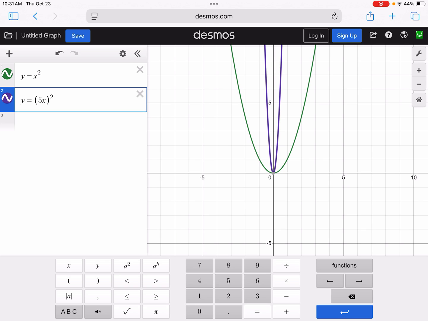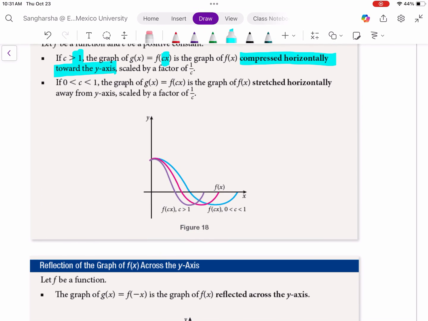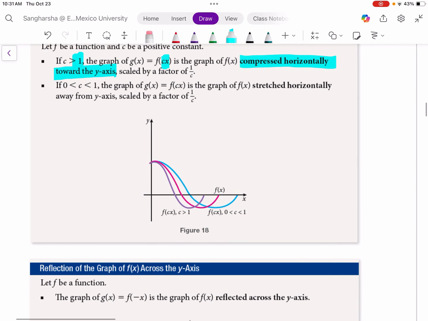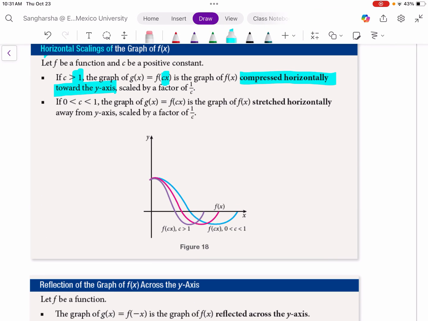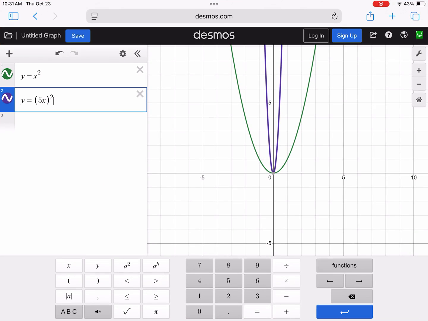So this is our basic function. We replace x of the basic function by c times x. c is a number greater than 1 here, so we replace by 5x. It means our graph is compressed horizontally. So when we replace x of a function by cx, the graph is compressed horizontally towards the y-axis.